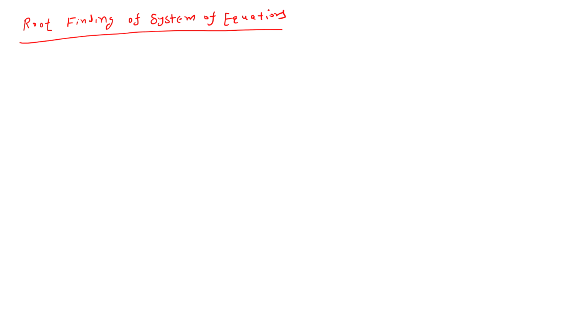So suppose there are I equations and each equation has j variables. I mean there are j unknowns in each equation. So suppose we have fi, which has j parameters, and we want to find the solution of this system of equations.